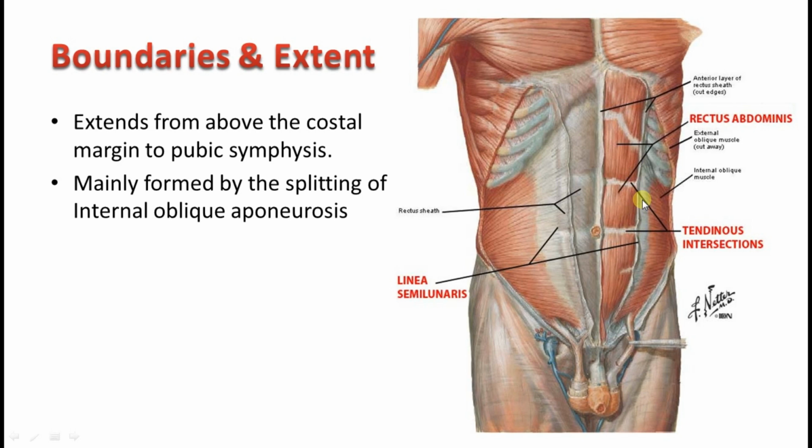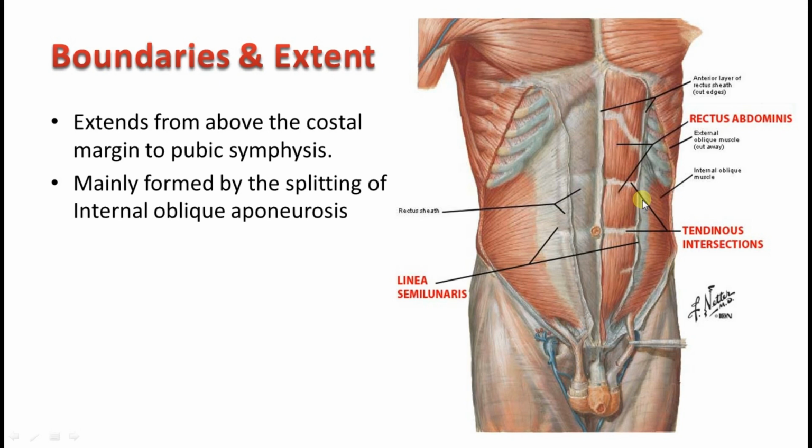To simply describe, it splits to form the anterior wall of the rectus sheath and the posterior wall of the rectus sheath. So which muscle? Mainly the aponeurosis of the internal oblique muscle is responsible for forming the rectus sheath.